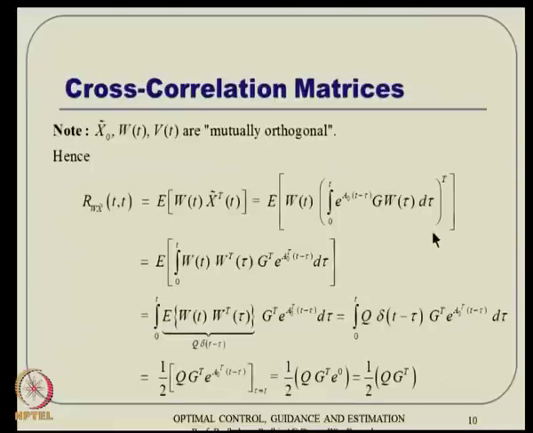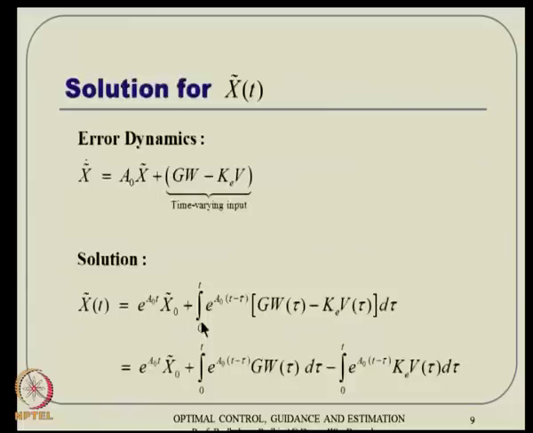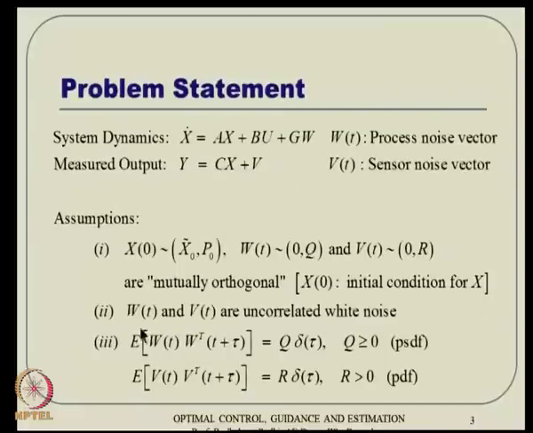So, the only term that will remain is the w term itself, and again using the linear operator concept, we put this w inside. Then w times w transpose appears, and the expected value goes inside the integral. By definition, the expected value of w w transpose is nothing but Q.